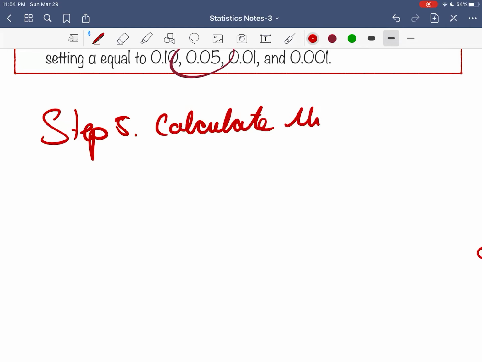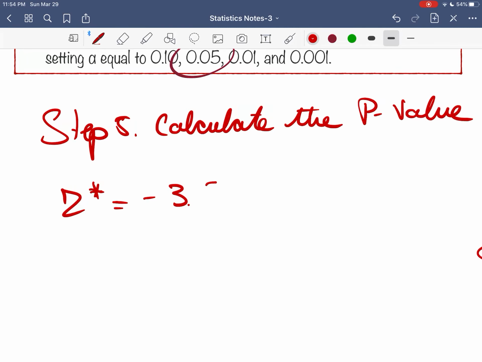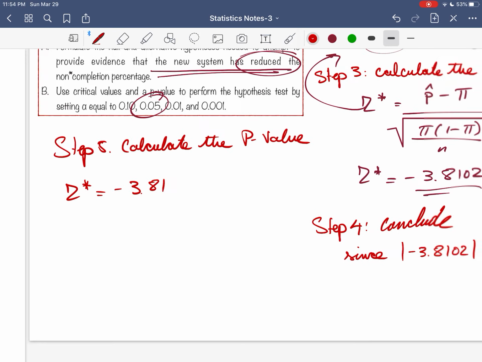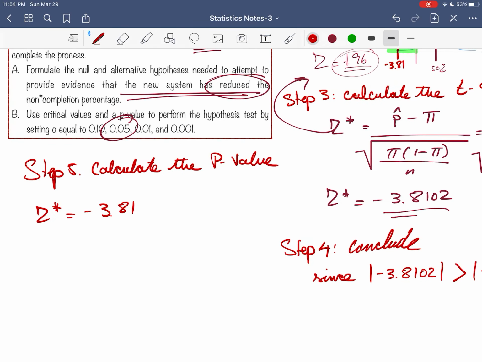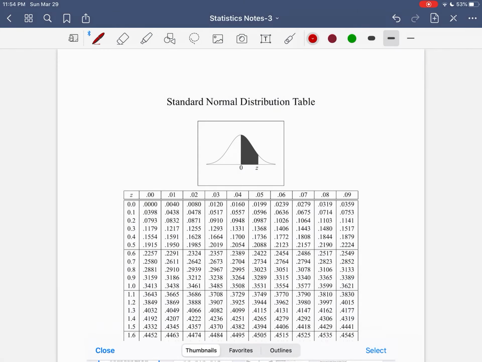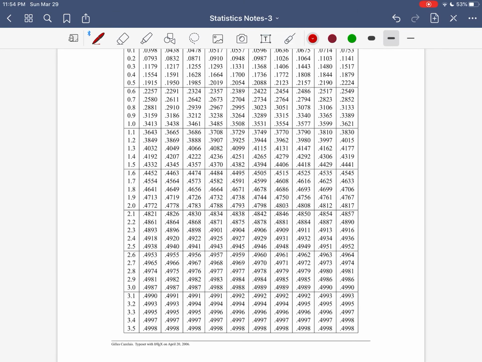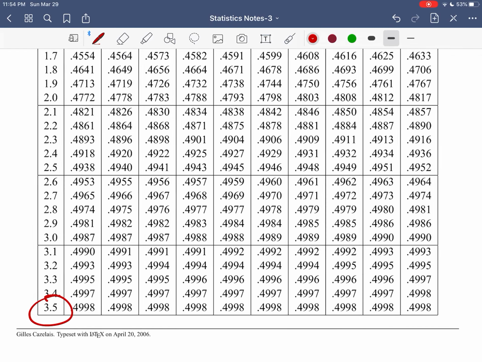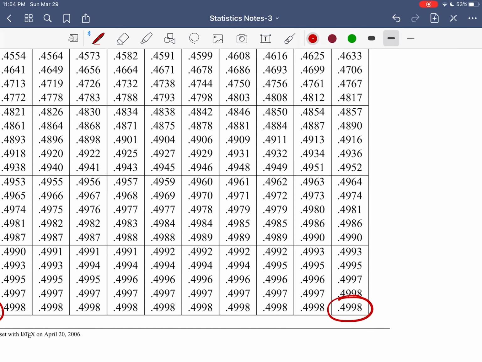calculate the p-value. Our Z star had a value of negative 3.81. I'm going to keep it as 2 decimal places because the Z table only takes 2 decimal places. So let's go to the Z table. We look up 3.81 in the table. There is no 3.81. The biggest value is 3.59.